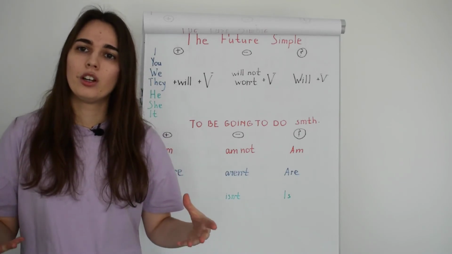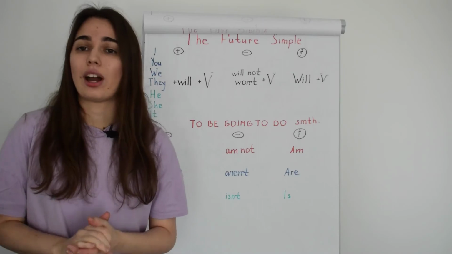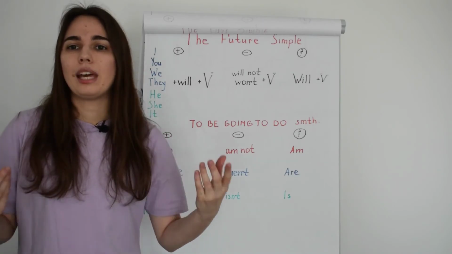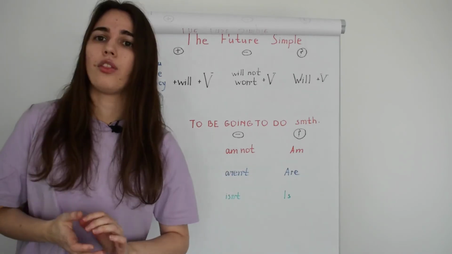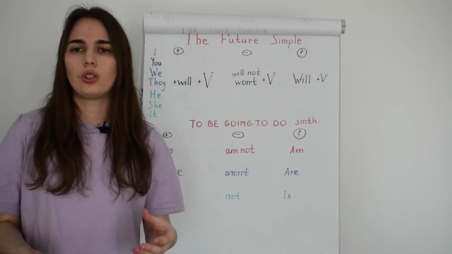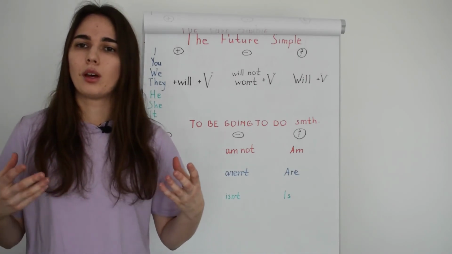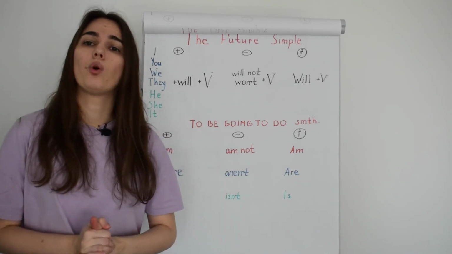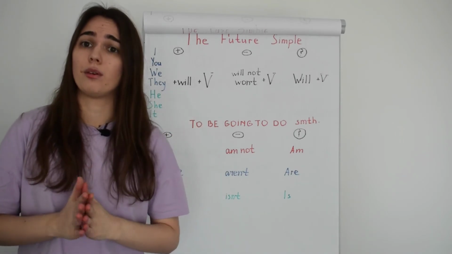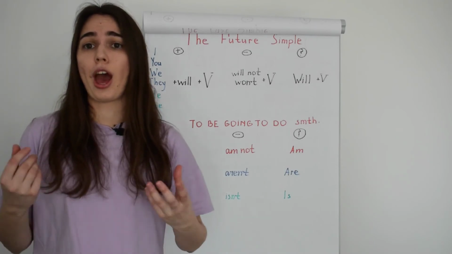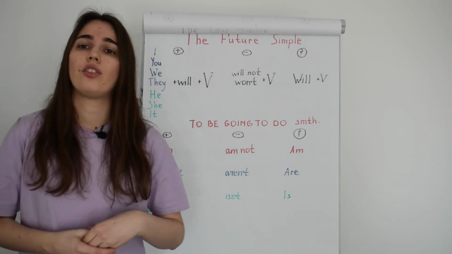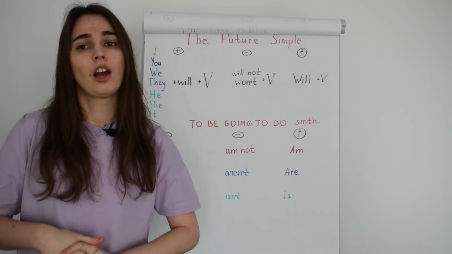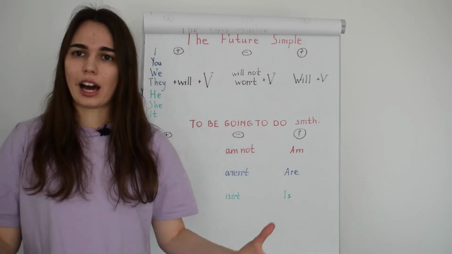I am watching something right now. I am explaining these rules right now. Then when we talk about the past, the past simple when we have a specific time in the past, a specific event which happened in the past. And the present perfect when we talk about our life experience.